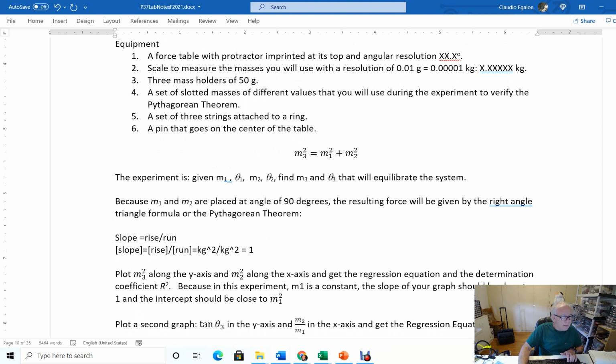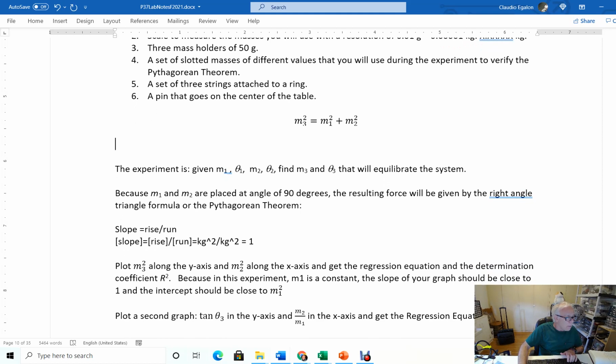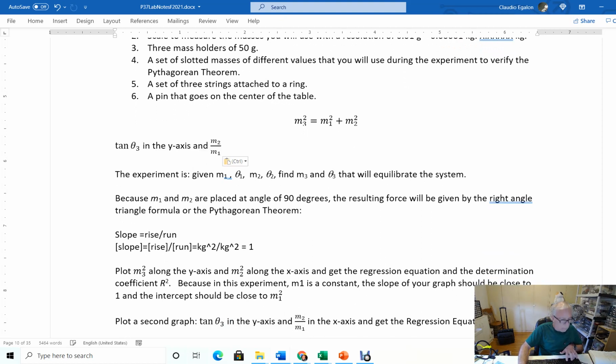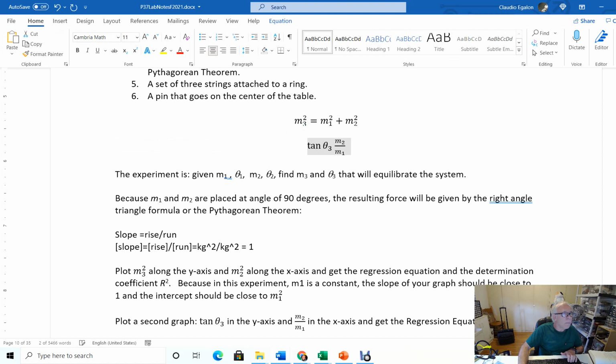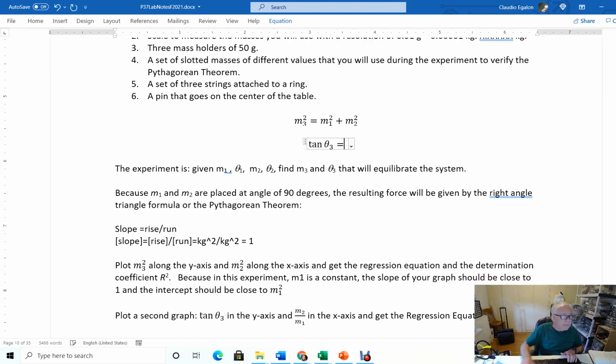Here you go, I'm going to write that down here. The theory predicts that theta 3 is going to be equal to m2 over m1.